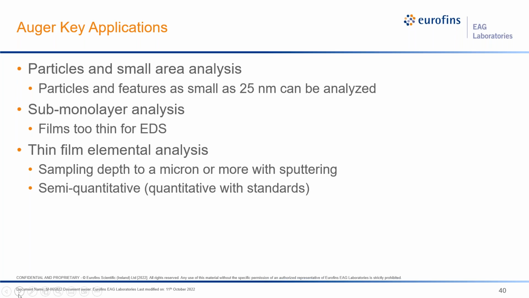We can analyze submonolayer films which would be too thin for XPS, and thin film analysis, including some stacks of films, can be analyzed using depth profiling. The analysis is semi-quantitative, and it could be quantitative with standards.